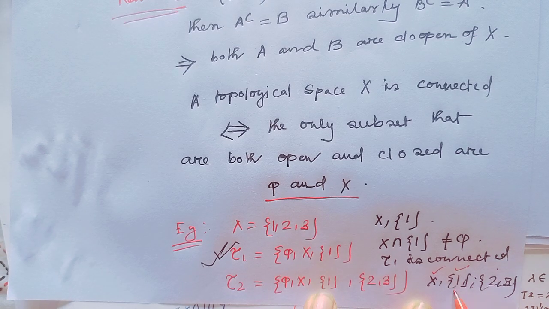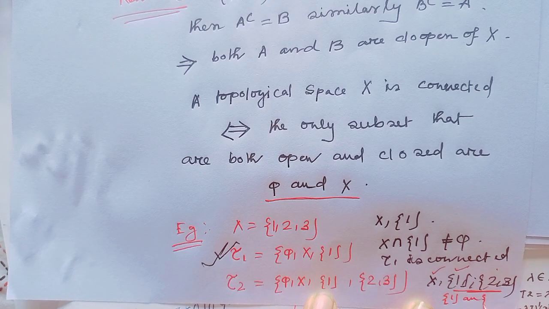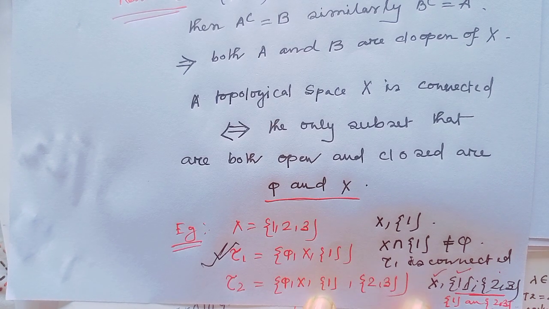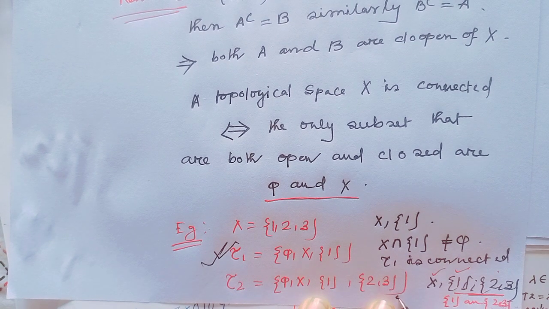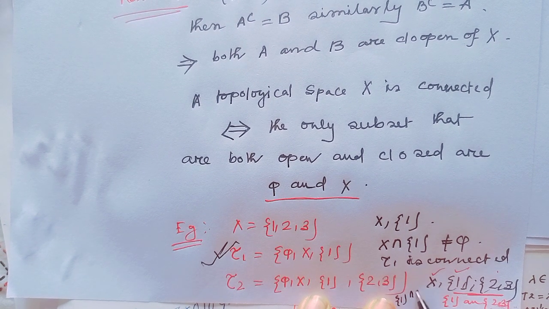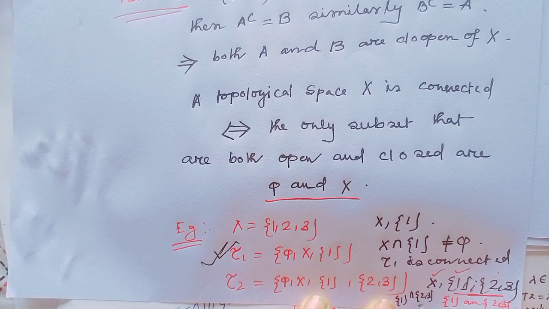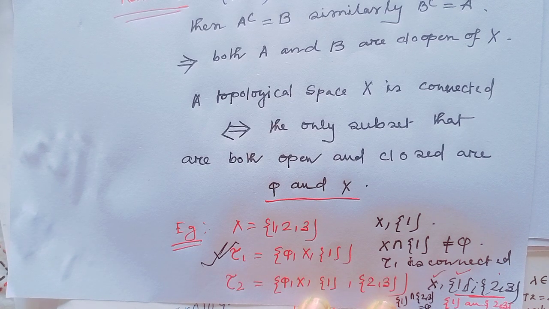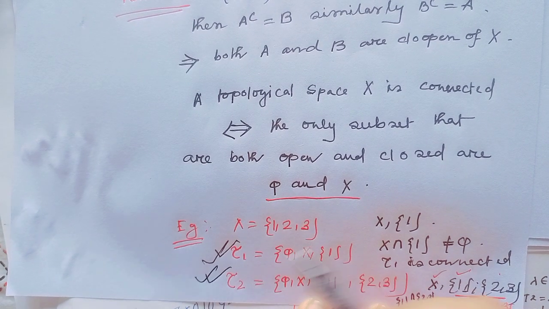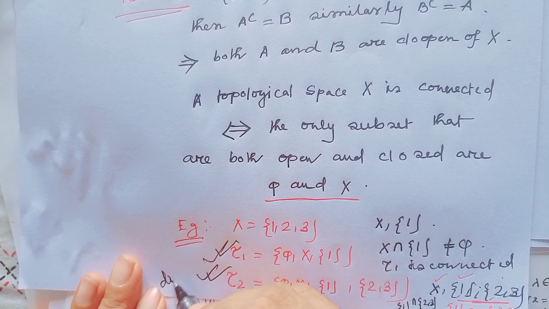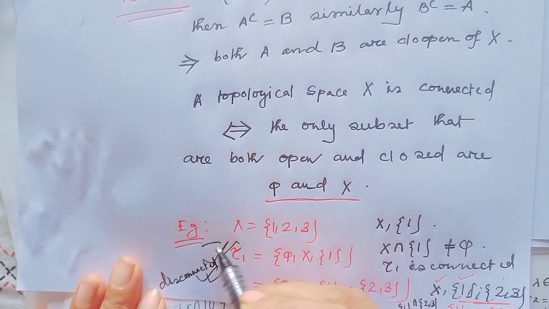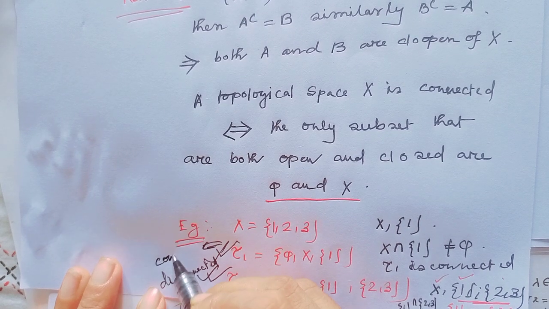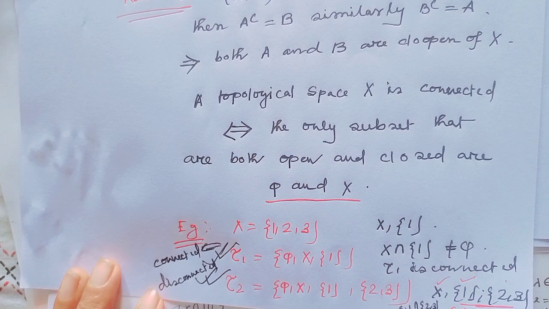Disjoint open sets are {1} and {2, 3}, and the intersection of {1} and {2, 3} is equal to phi. So tau 2 is a disconnected topological space, and tau 1 is a connected topological space.